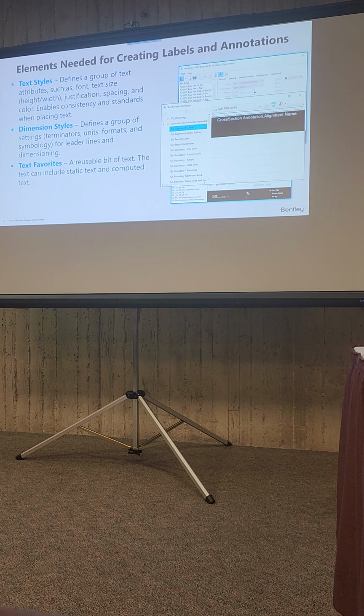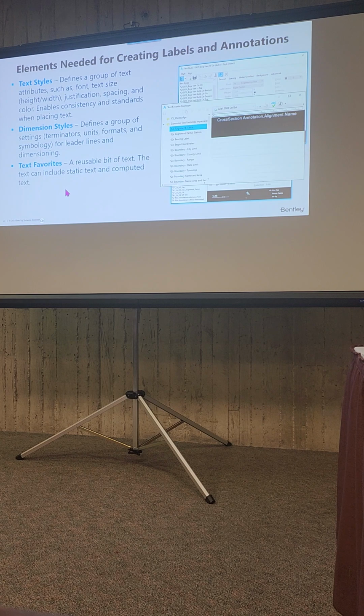So instead of building a separate text style for every single case, I use the text style maybe to set the size and the font, but for everything else, if you expand this dialog and make it much larger, you can set everything else about it that you could normally do in a text style, and you don't have to create 100 different text styles for all of your different annotations.